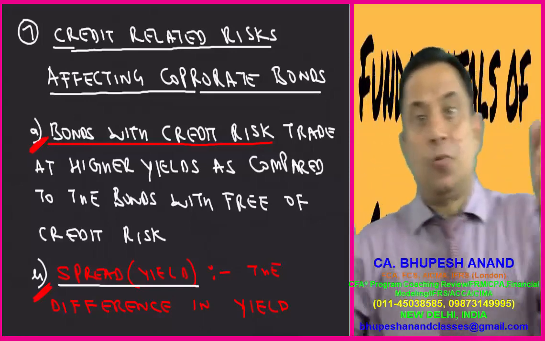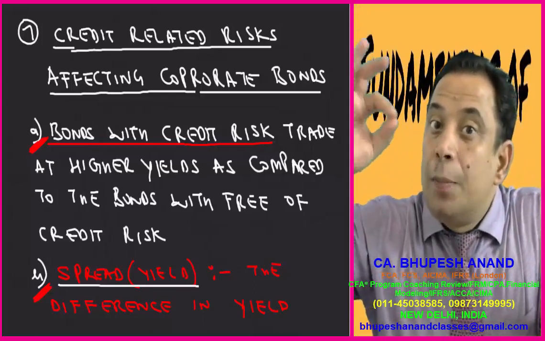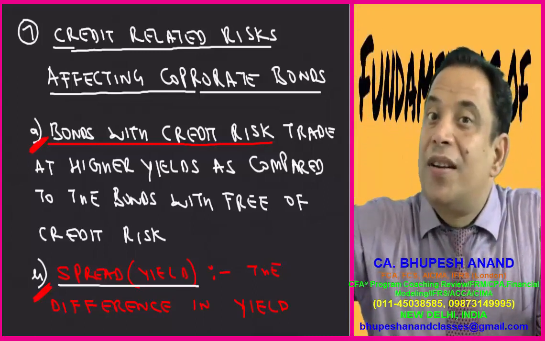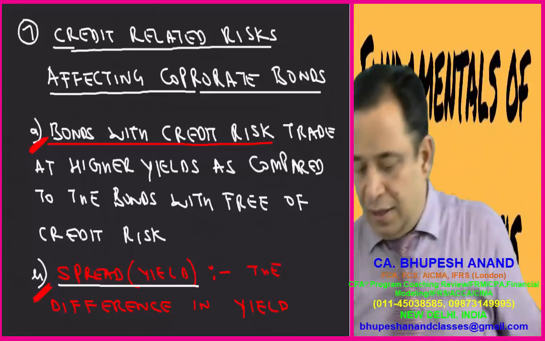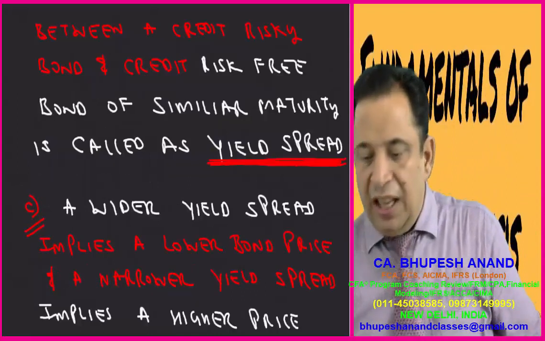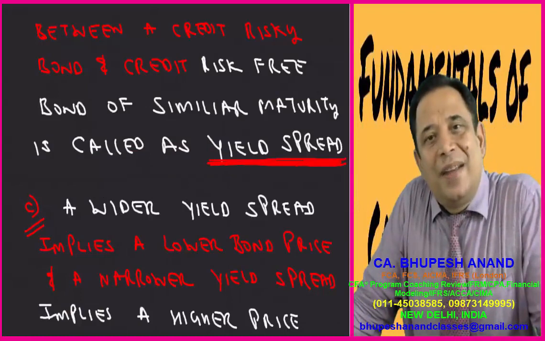Spread. Now what is the difference, the spread? I have just given an example. Apollo Tires are issuing bonds at 12% and government securities are being issued at 8%. So the difference between these two is named as spread. The difference in the yield between a credit risky bond and a credit risk free bond is named as yield spread.